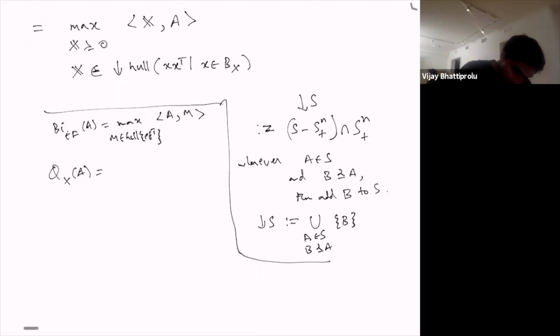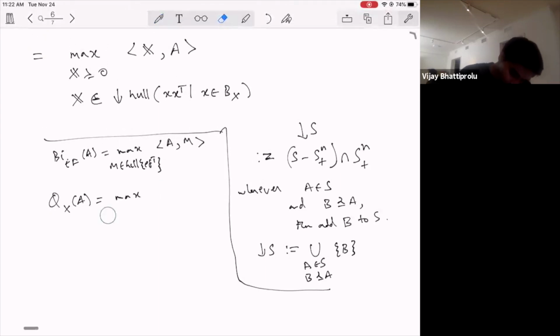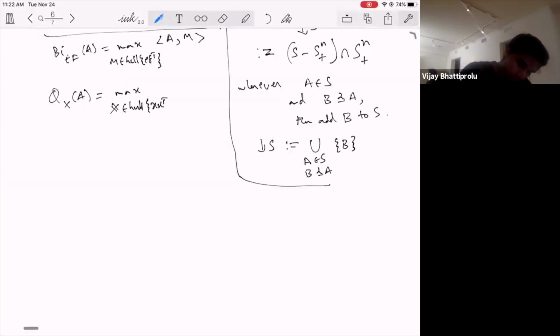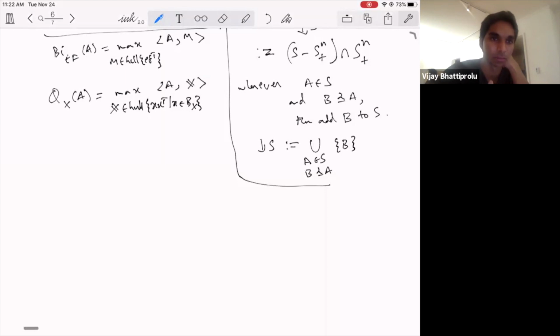So the quadratic maximum of A can be written as the maximum over bold X in the hull of x x transpose such that x is in BX, of A inner product bold X. Again, this is just because I took the hull of the set that you're optimizing over.